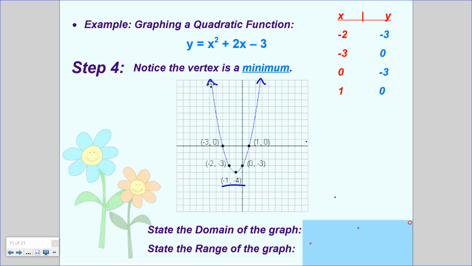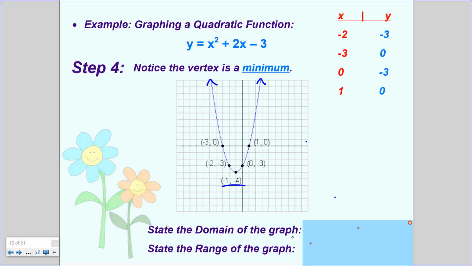Once you get here, just extend the lines up a little bit. It does curve and it does go out in both directions. So just do your best with sketching what that looks like, and please put arrows at the end to indicate that this does continue onward in the positive direction.